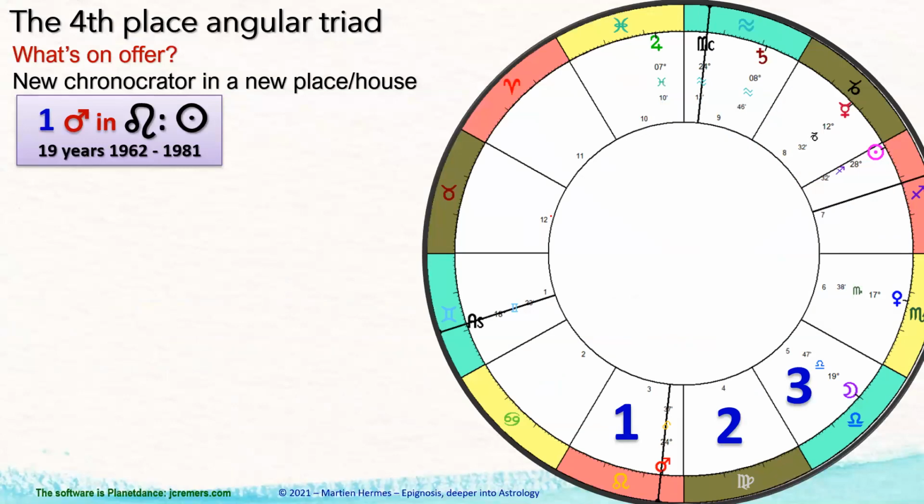When we look at the fourth place, angular triad, you can also say what's on offer, in the sense that the domicile ruler of a certain image has to do with what's presented to a planet that is the guest there. So we have Mars in the first place, and something is presented to this Mars to have his way with it. And what is presented, we can see by the ruler of the domicile of the lion, because that is the host for Mars in this case.